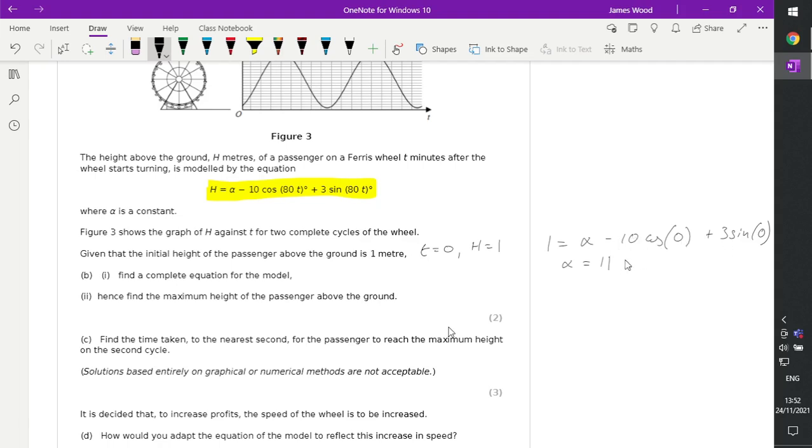There we go, so alpha must be 11. So our complete equation is going to be h equals 11 minus 10 cos 80t plus 3 sine 80t. So that's our answer for the second bit.